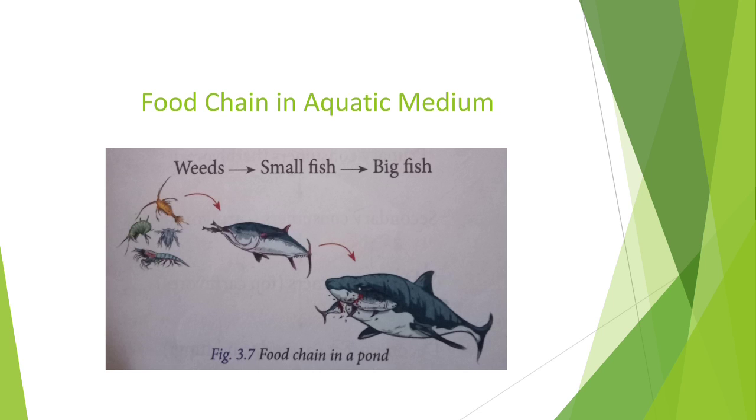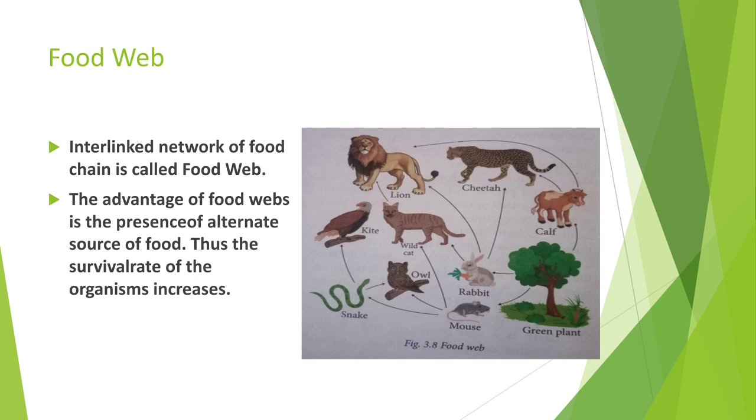Food web. Food web means an interlinked network of food chains. So you know the food chain. There are a number of food chains, but they are interlinked. There is a connection. Some animals eat only plants, and some animals eat only flesh.